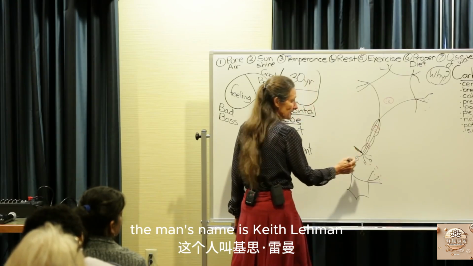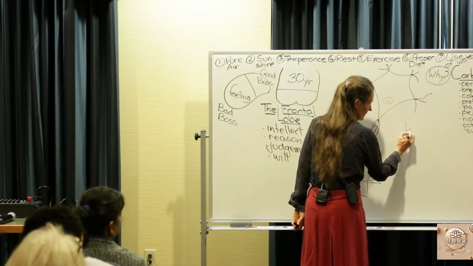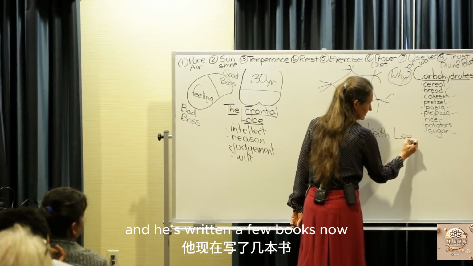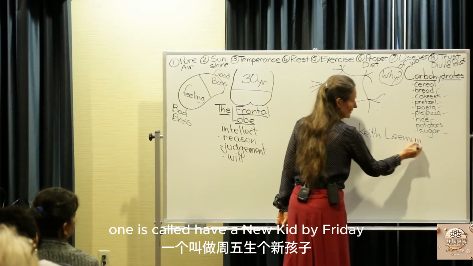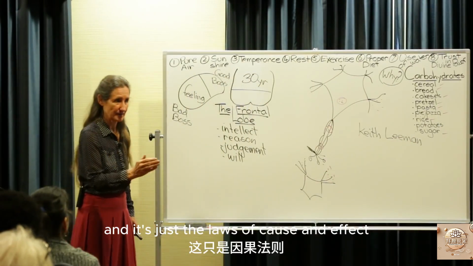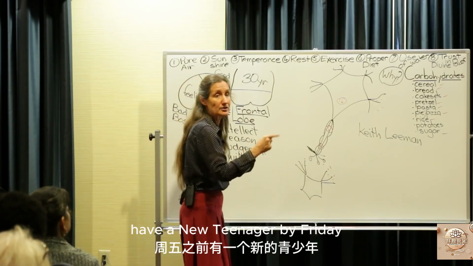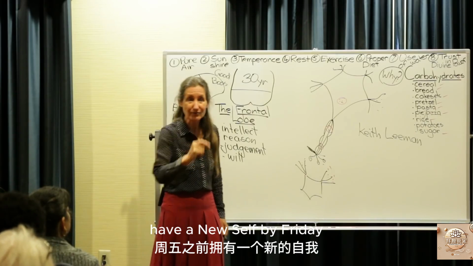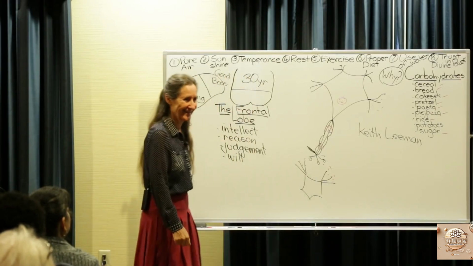There's an excellent book. The man's name is Keith Lehman. And he's written a few books now. One is called Have a New Kid by Friday, and it's just the laws of cause and effect. He's written another book, Have a New Teenager by Friday, Have a New Husband by Friday, Have a New Self by Friday.